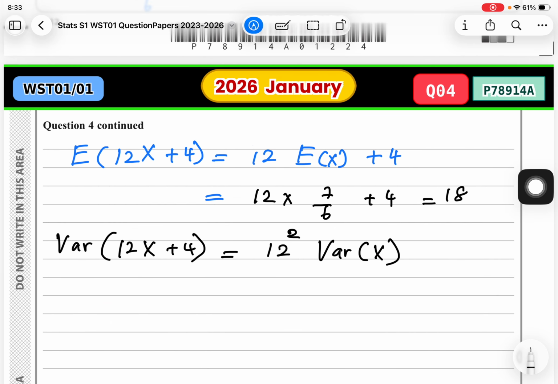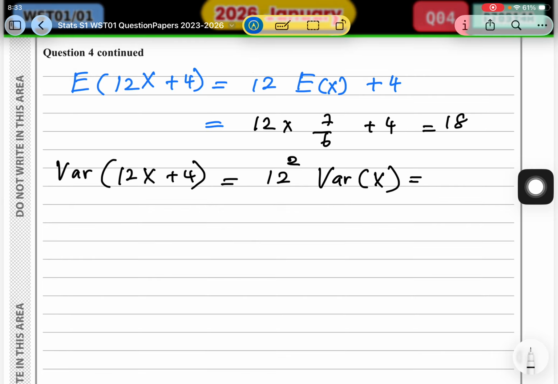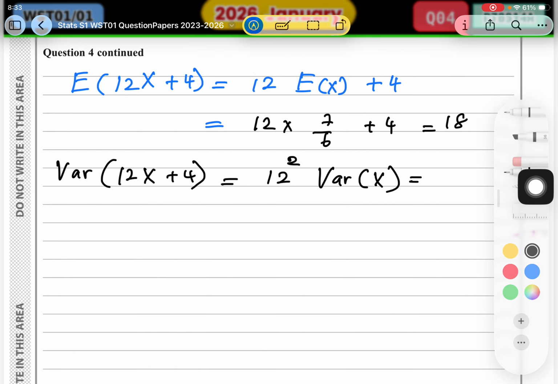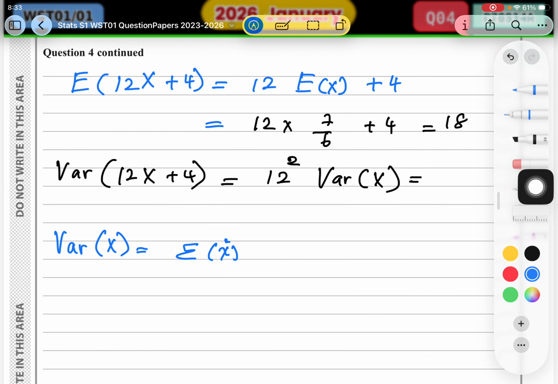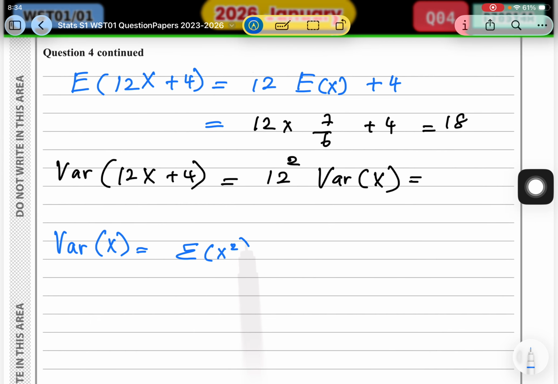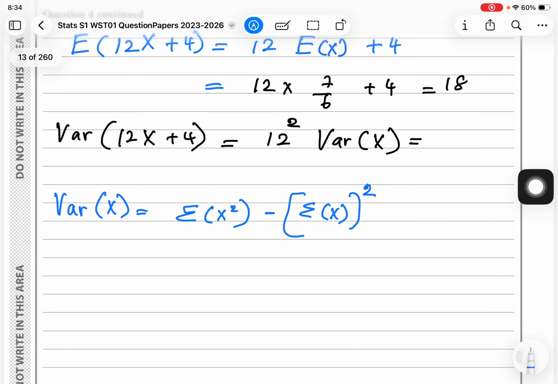To find the variance, it is given by E(x squared) minus E(x) whole thing squared. We know E(x) is 7 over 6, it's just that E(x squared) we don't know.